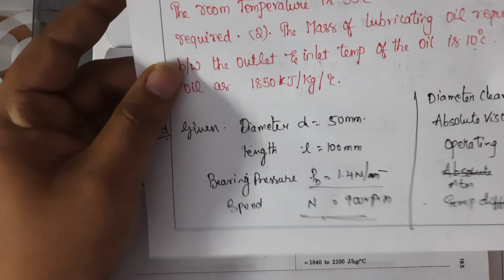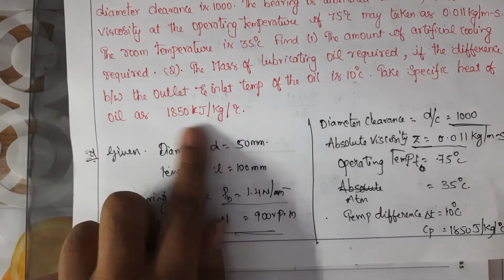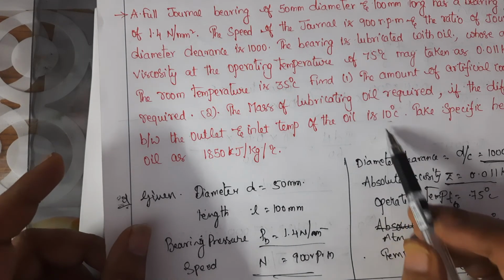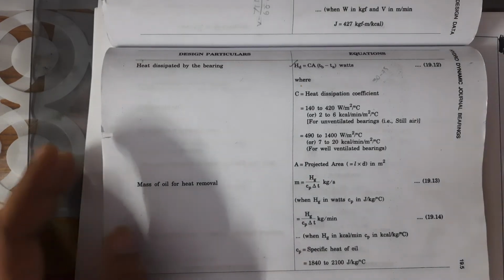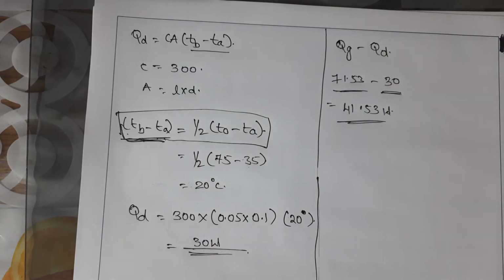The specific heat of oil he has given as 1850 joules per kg per degree centigrade, and the difference in temperature delta T is also given. The value is 10 degrees centigrade. So all the values are there, and we can easily find the mass of oil required for heat removal using this.